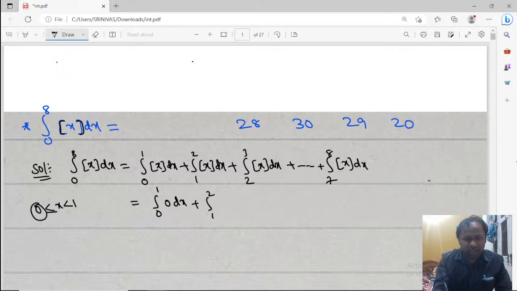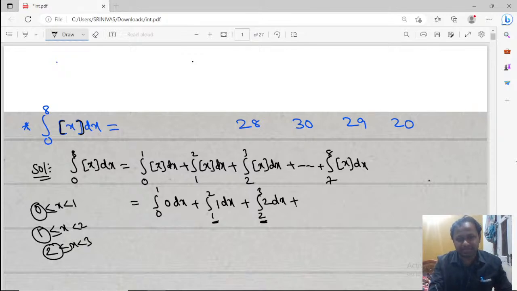Integral 1 to 2, its value will be 1 dx, plus 2 to 3, its value will be 2 dx, because 1 less than or equal to x less than 2 implies we will select 1. 2 less than or equal to x less than 3 implies we will select 2. Like this and so on. 7 to 8 its value will be 7 dx.